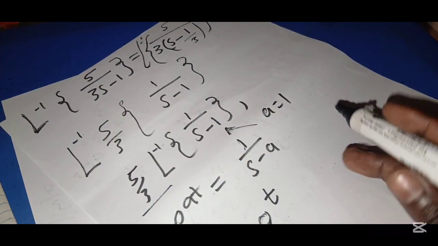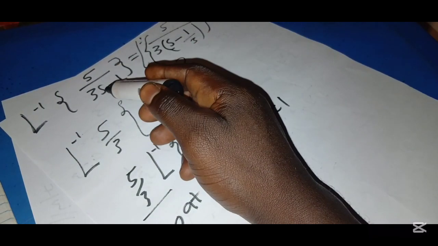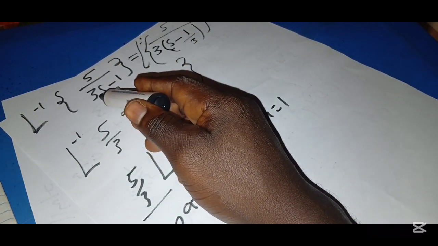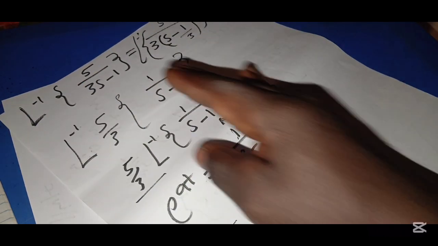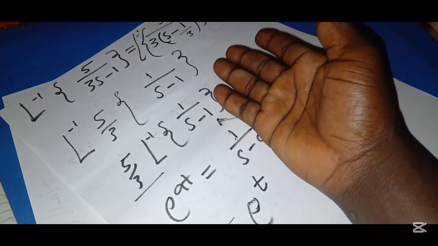So once you see the coefficient of s is not 1, just try to factor that out, and that will make the problem easier. After you are done, for a constant, no problem.